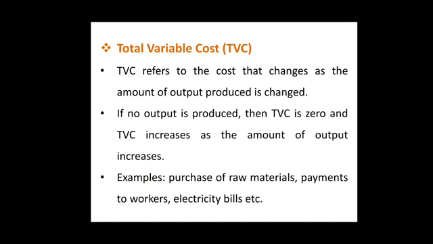Variable costs are also known as prime costs or direct costs. Variable costs include expenses like purchase of raw materials, wages of casual laborers, electricity bills, wear and tear expenses, etc.